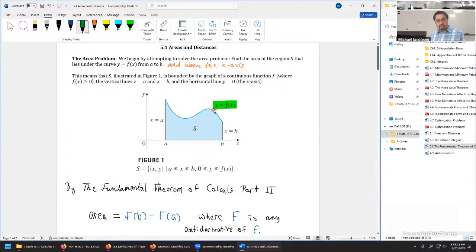But if it's continuous, then it will have an antiderivative. And all that really matters is the antiderivative at the upper bound minus the antiderivative at the lower bound. Anything in the middle, no matter how crazy it got as a function, doesn't matter. The antiderivative gives you the dead-on exact area every single time. So that's the fundamental theorem of calculus part 2.